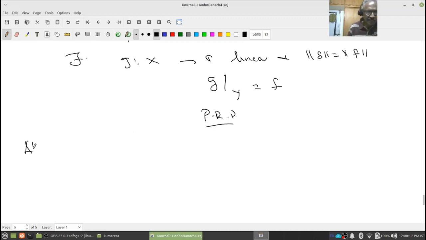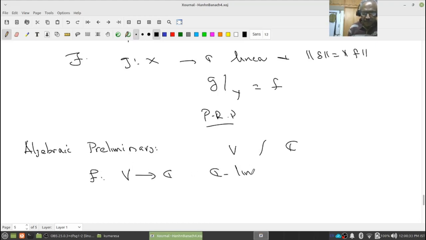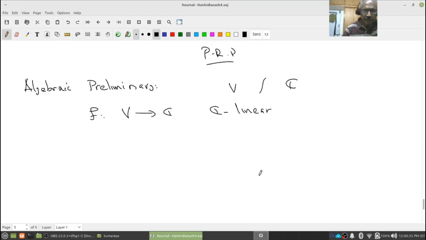So for that I need an algebraic preliminary. Let B be a vector space over C and F from B to C complex linear. Both are vector spaces over C, therefore the linearity is over the ground field, namely complex numbers.